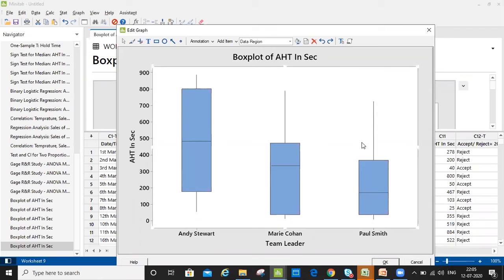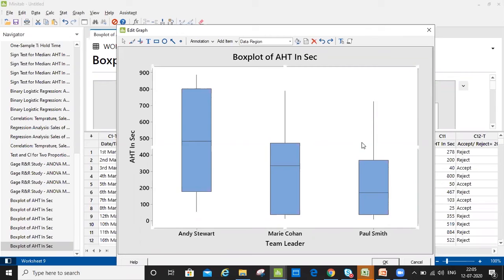Okay. Similar. So here, when I observe this, so let's say Paul Smith. As the whisker on the top is quite high, can we assume that there is an outlier, a very high outlier at the very end, due to which it is showing this much variation?